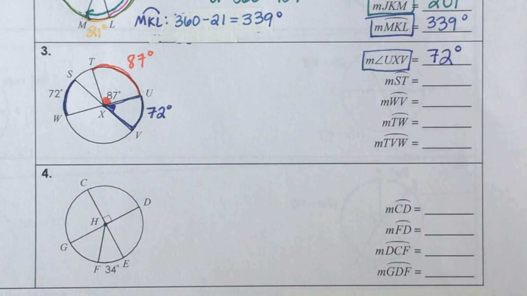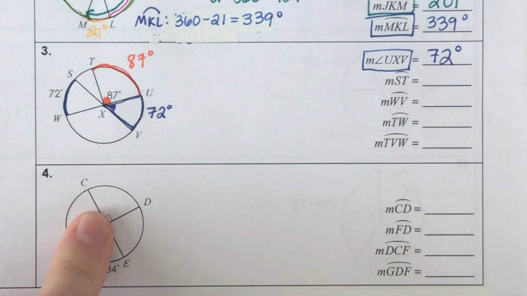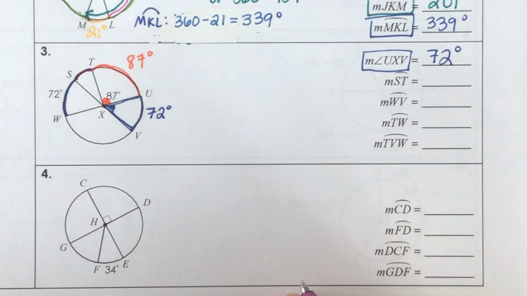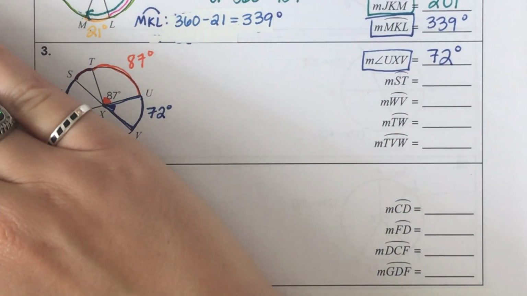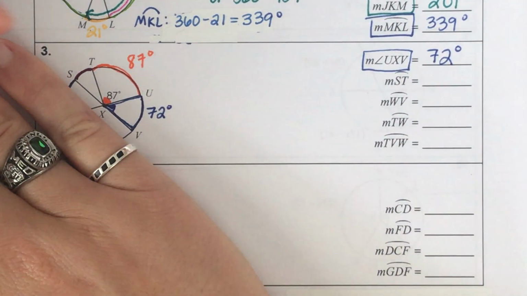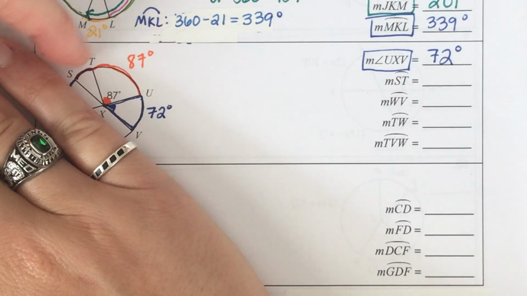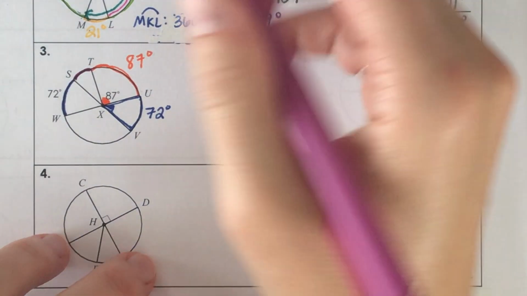Okay. Next one is the measure of arc ST. So now I want to figure out what this little piece right here is. Now, here's what I can do. I know if I were to add these three angles up right here, this purple, this orange, and this blue, I'd get half of a circle. So I would add those three up to get 180.